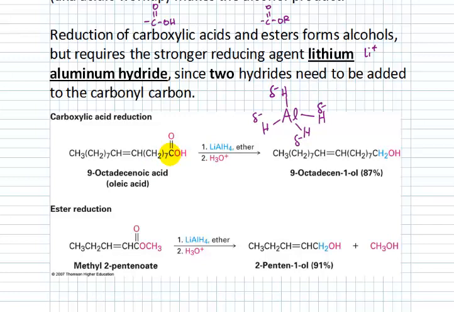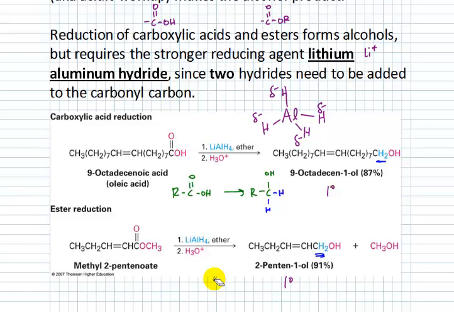So to get this primary alcohol, like we're making in both cases, whether I have a carboxylic acid or an ester, I need 2 hydride ions to be added. Let's just make sure we get that R, C double bond O, OH becomes R, C, OH with now 2 new hydrogens added. Okay, exact same thing with esters.